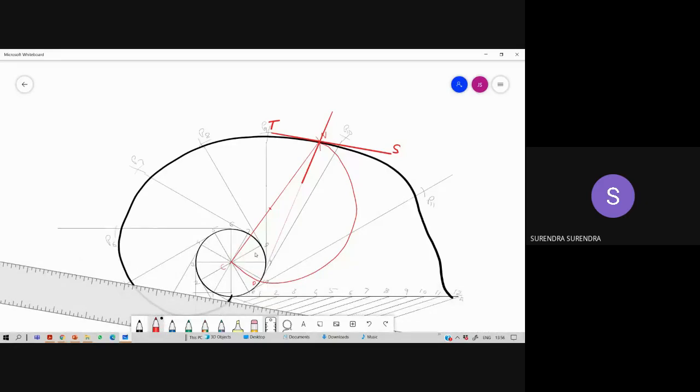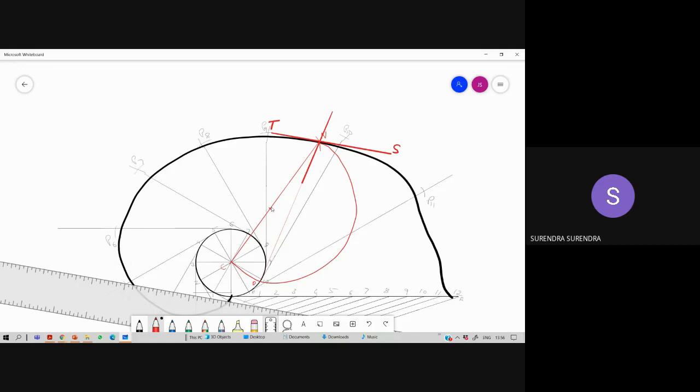So first step, as in the problem, I'm repeating the process. First step, as it is given, to draw the tangent and normal at a distance of 100 mm from the center of the circle. So with C as center, 100 mm radius, draw an arc on the curve. Name this point as N. Join CN. Now CN equal to 100 mm. Identify the midpoint of CN, that is at 50 mm from either C or N. Mark a point.